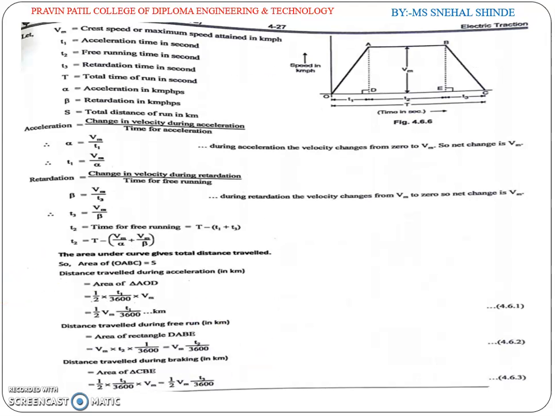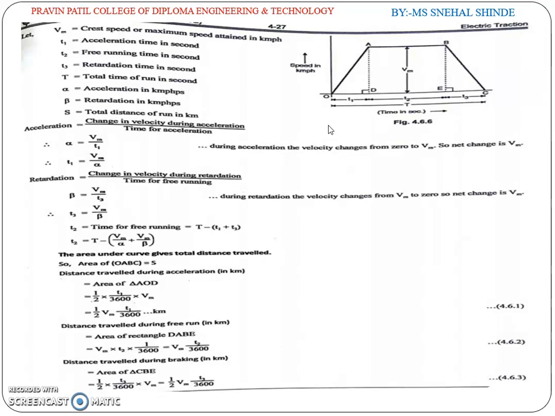So in this video we have found the speed time curve and how to find the Vm value. We have taken the trapezoidal speed time curve. In this we have divided it into 3 parts: acceleration, retardation and free running period.